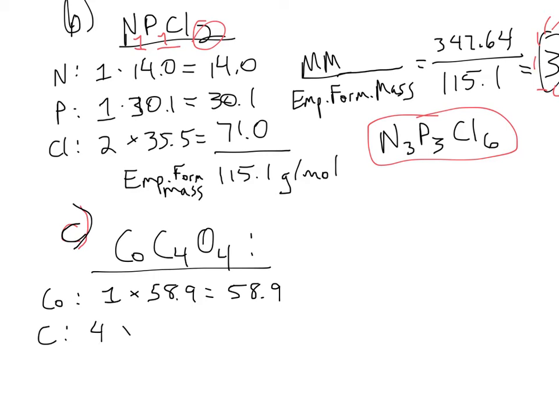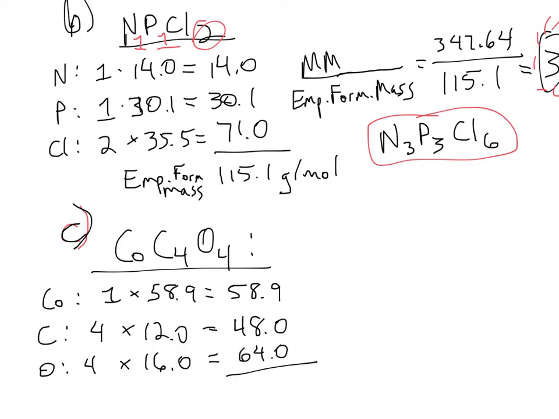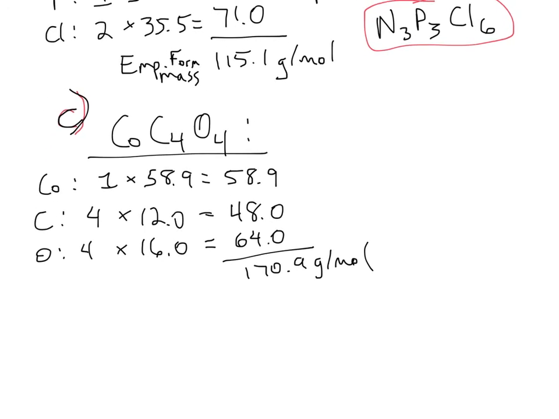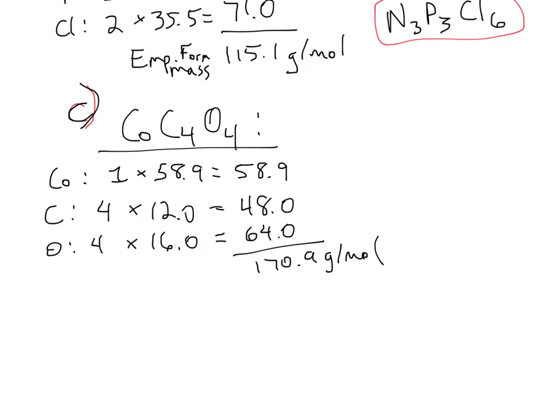There are 4 atoms of carbon, each of which have an atomic weight of 12, so that adds up to 48. And if you add everything together, you get 170.9 grams per mole. That's, once again, the empirical formula mass, not necessarily the molar mass.